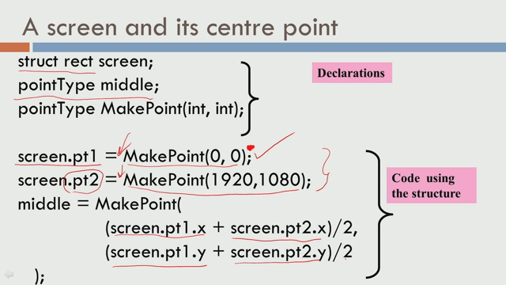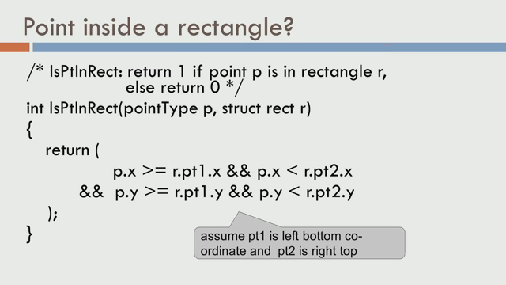So, these two things are integers, and make point takes two integers and returns a data type called point. Left side is already of the data type point and the right side expression gives the data type point. So, both the sides are of the same data type. So, if we assume that these declarations are already in place, this code using the structure will, given a screen, tell me what the middle point of the screen is.